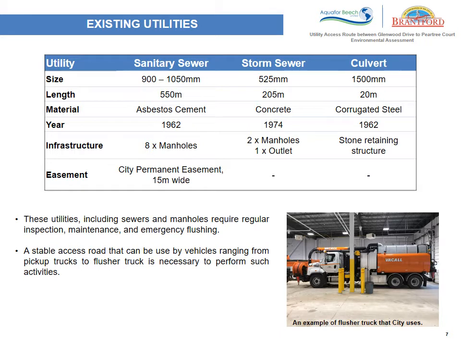As noted, these utilities require regular inspection, maintenance, as well as emergency flushing in order to maintain them in good repair. A stable access road that can be used by vehicles ranging from pickup trucks to flusher trucks, as shown in the photograph on the lower right, is required to perform such maintenance.